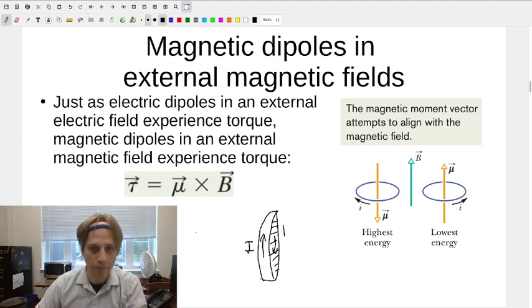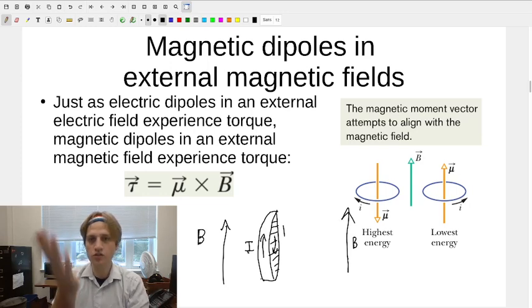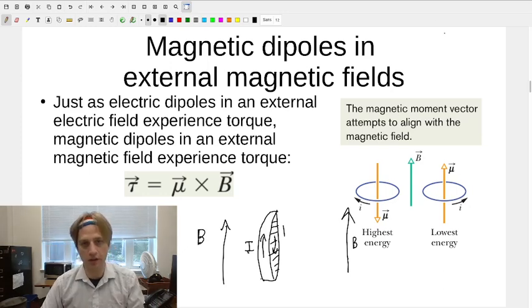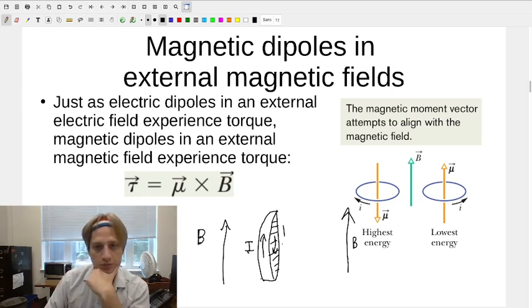If I put this into an external field, B is pointing like this. There's my B. Now I can use my right hand rule and figure out what direction the mu is pointing. In this picture, the mu would be pointing out like this.